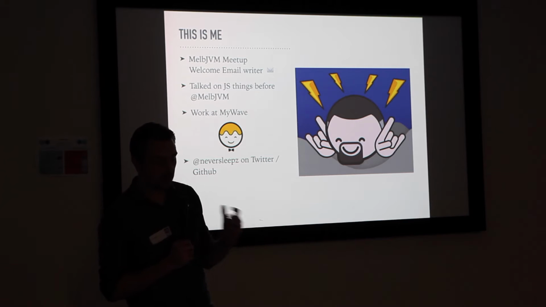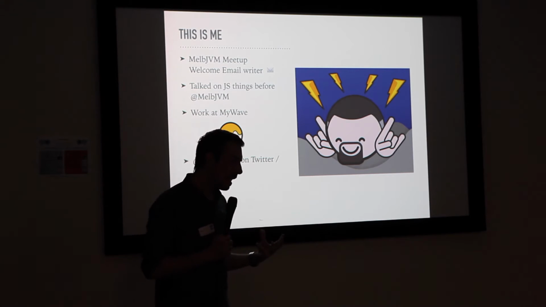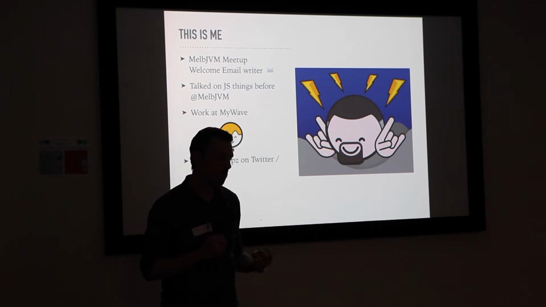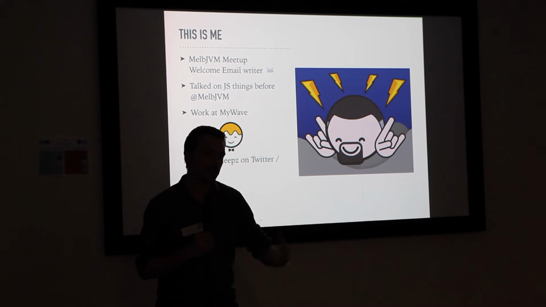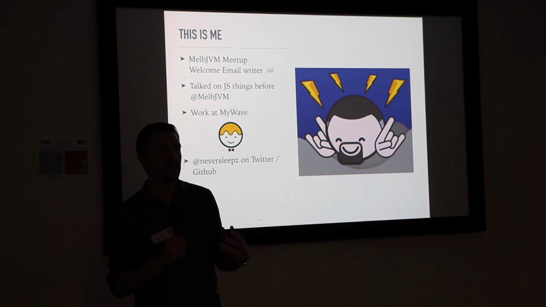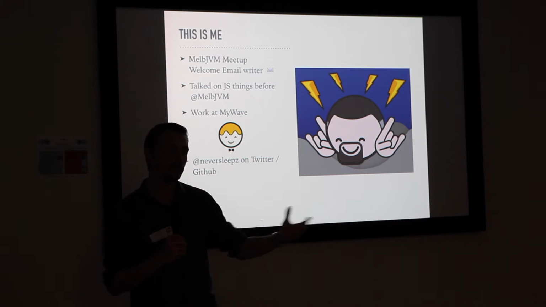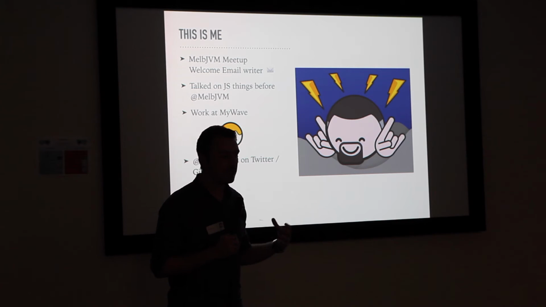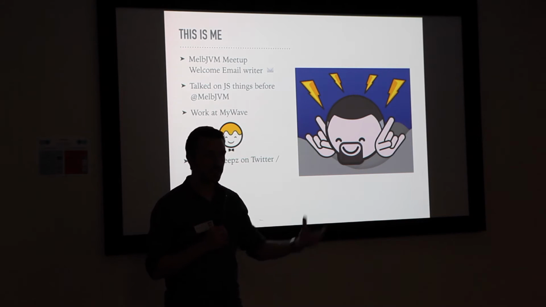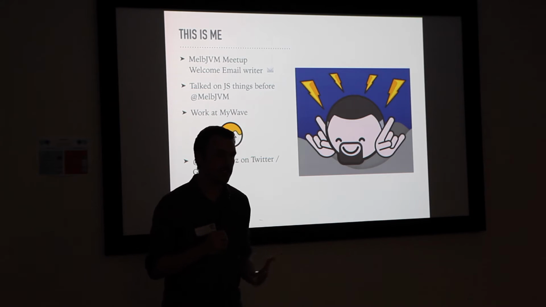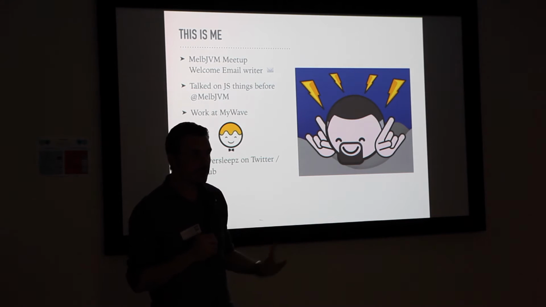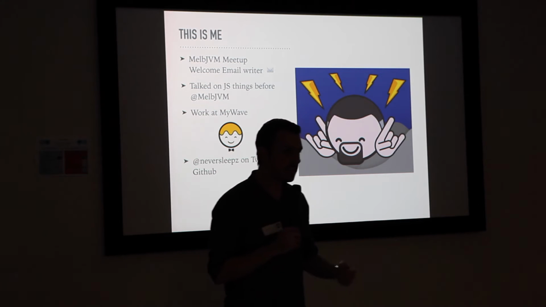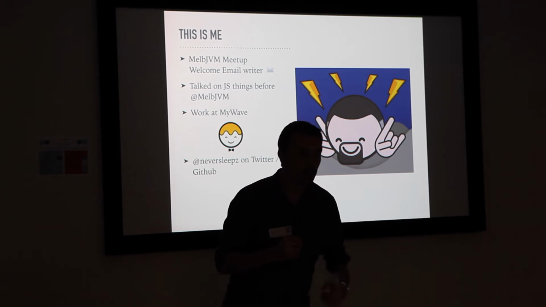I currently work at a company called MyWave. Their platform is basically a JRuby server, and it has extensions written in JavaScript. The reason they're in JavaScript is that JavaScript is quite ubiquitous, so you can give this to any web developer and say, you can write an extension for our platform.